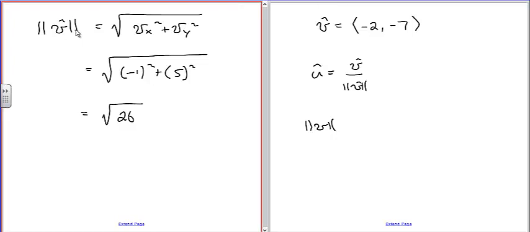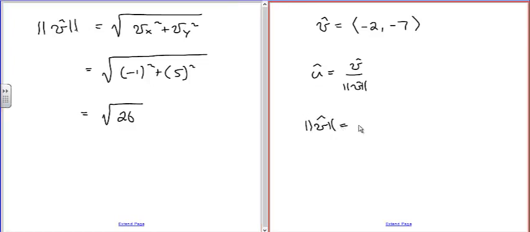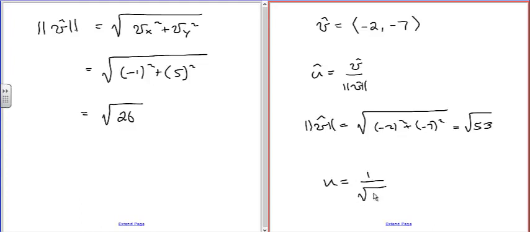The magnitude of the vector is the square root of the x component squared plus the y component squared. It's always a positive number. So we get 49 plus 4, so you get the square root of 53. So the unit vector is going to be equal to 1 over the square root of 53, that's 1 over the magnitude, times vector v.